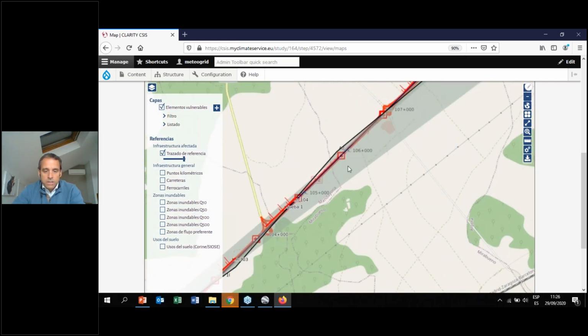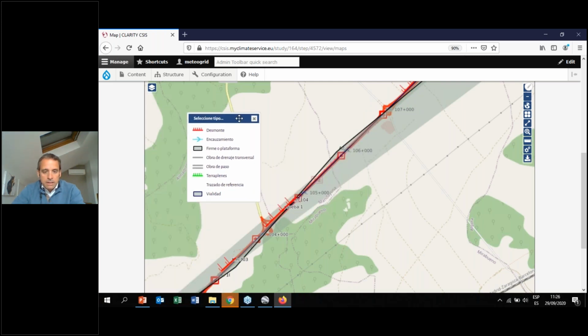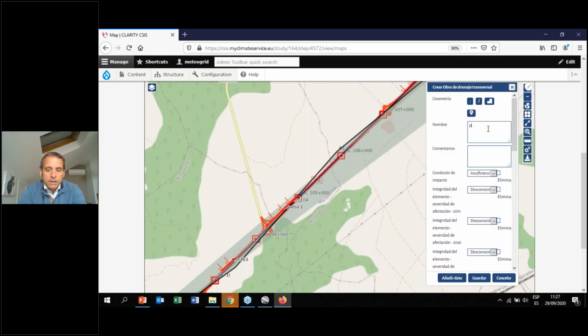The system allows us to identify one specific point. I'm going to make an example and create one of these. It's at kilometer point, let's say 75, and it's a drainage system.